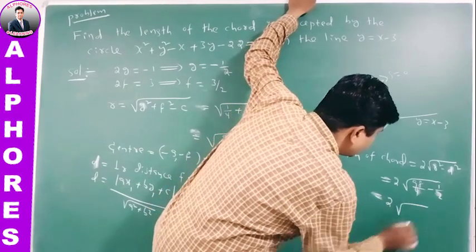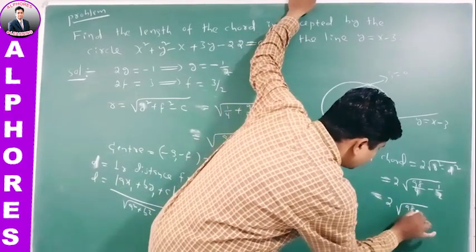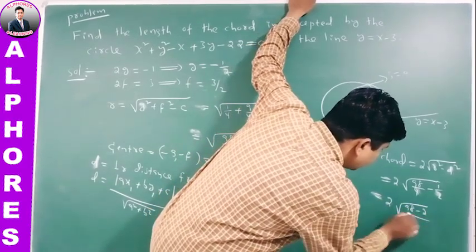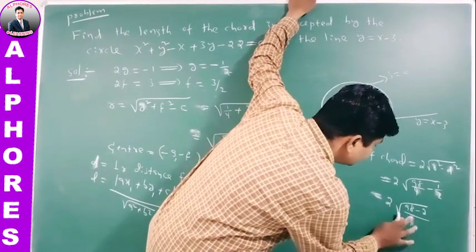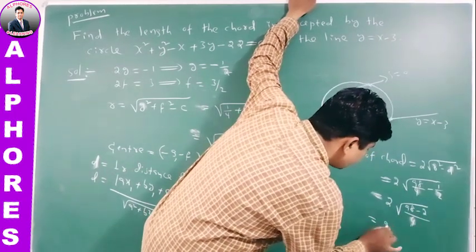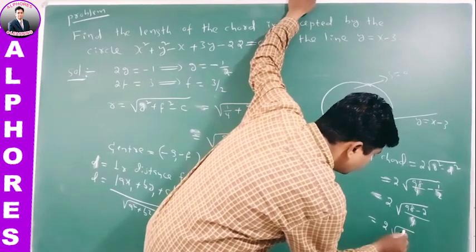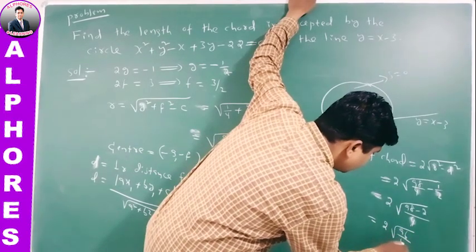Okay, next. 2 into under root of 98 minus 2 by 4, which is 2 into under root of 96 by 4.